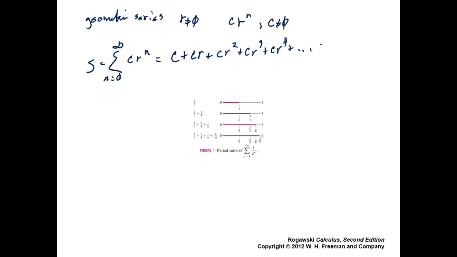Okay? Now, one thing you could do with this is factor out a c. And what you're left with there is 1 plus r plus r squared plus r cubed plus r to the 4th plus dot, dot, dot.